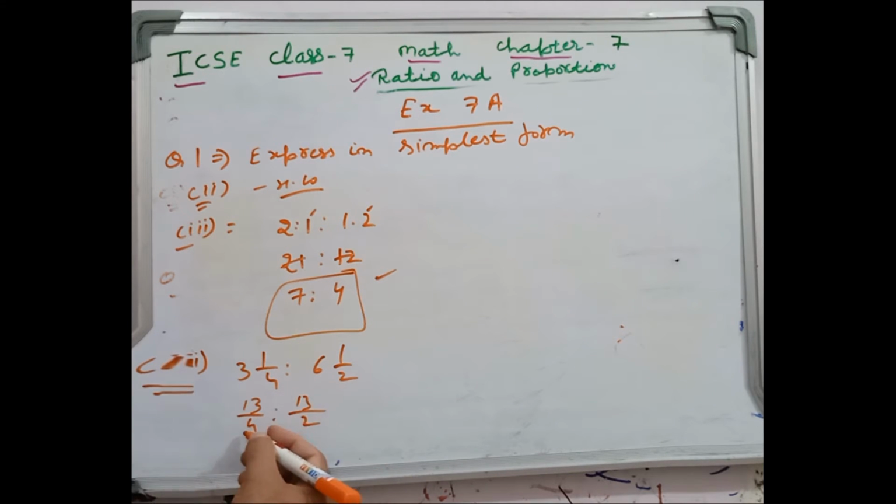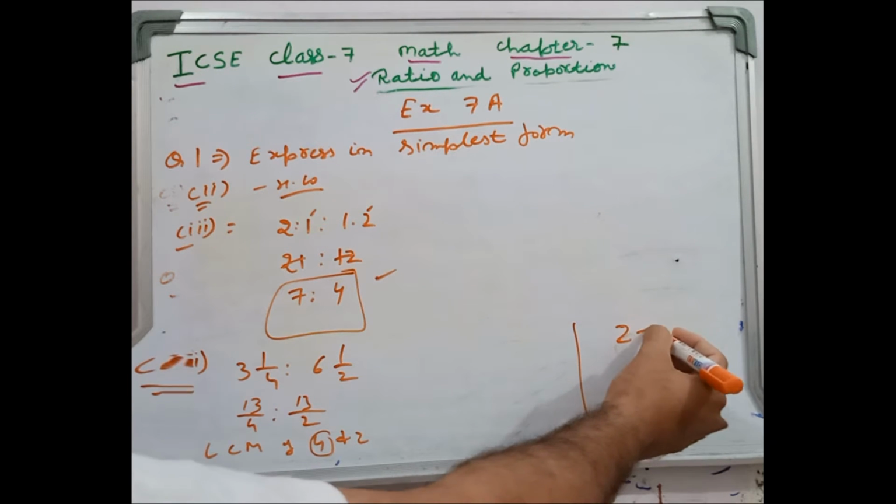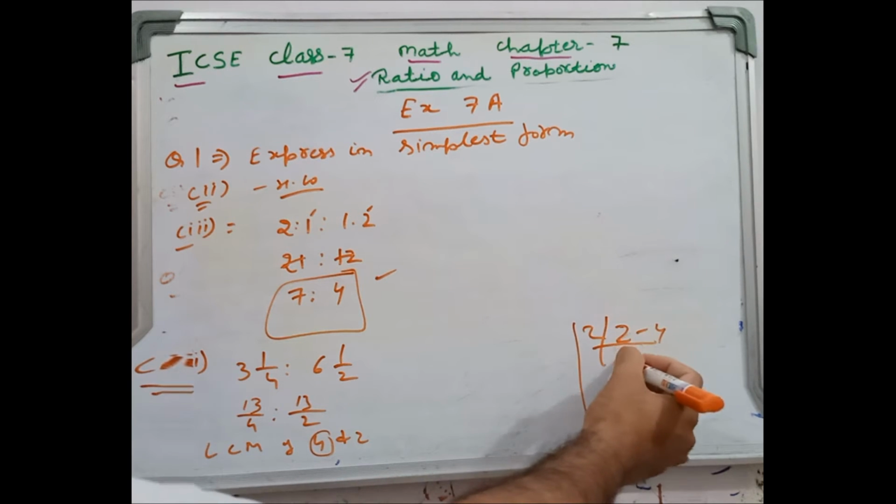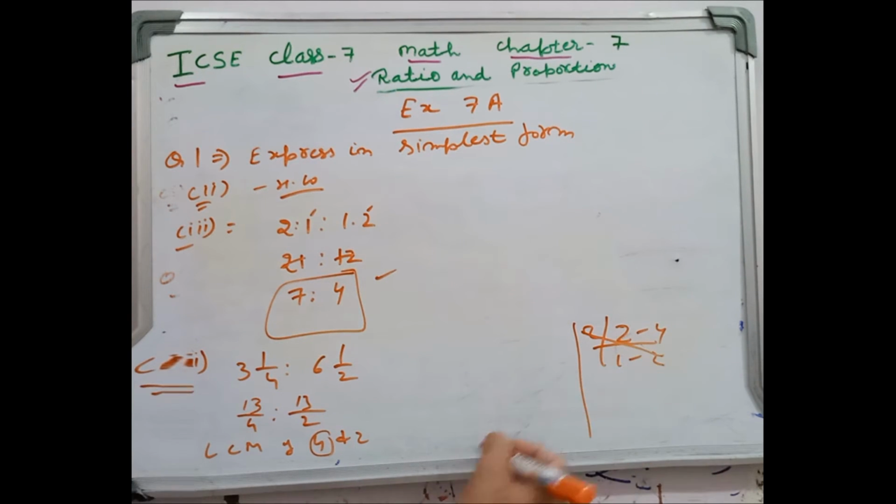These are numerators, these are denominators. We will take the LCM of denominators, LCM of 4 and 2. As both are divisible by 2, the bigger number is the LCM. If you don't know this trick, then find the LCM like this: 2 1s are 2, 2 2s are 4. So LCM is 4, right?